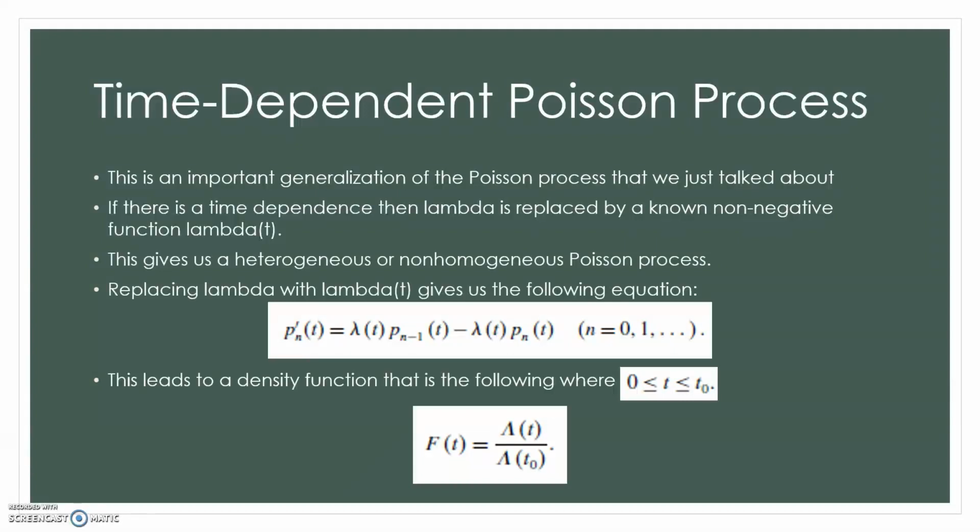When you replace lambda with lambda of t, it gives us the following equation. As you can see, there's lambda of t in here instead of just lambda. That leads us to a density function that is right here, f of t, for t between 0 and t sub naught.